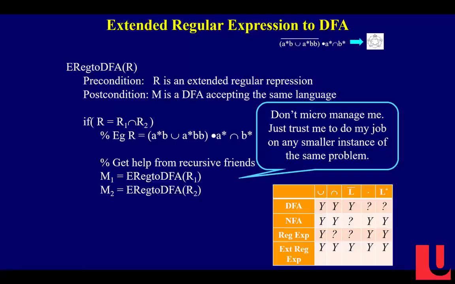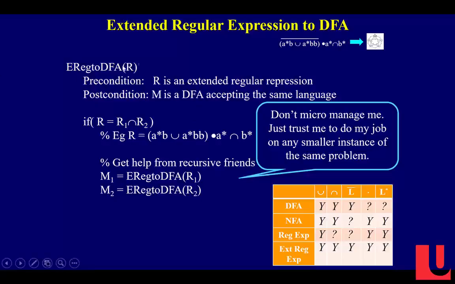In recursion, I'm given an input, and I can give anything to my friends as long as it meets the precondition and is smaller.